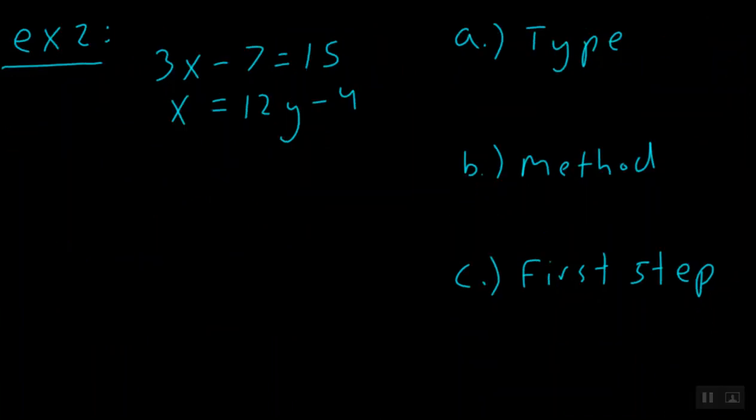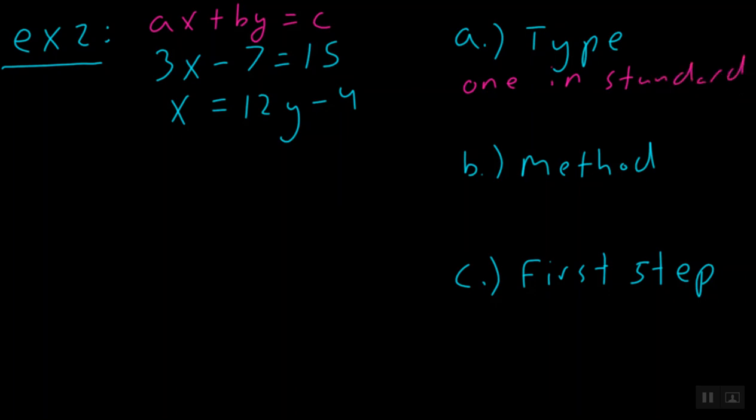Okay, let's take a look at example 2. We have 3x minus 7y equals 15, and wait a second, this is in the form of ax plus by equals c. So let's say this: we have one equation in standard form. Remember, this is what standard form is.